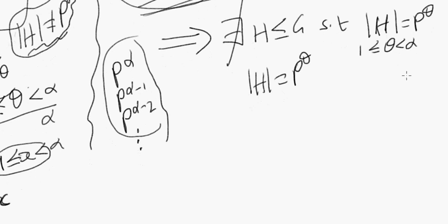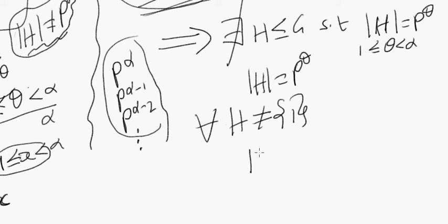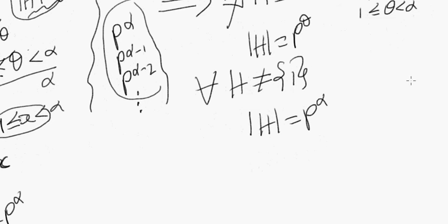Wouldn't that mean that for all H not equal to the identity, the order of H has to equal p to the alpha, the order of the group? But if the order of H equals p to the alpha, and the order of G also equals p to the alpha, aren't we saying that the order of H equals the order of G?